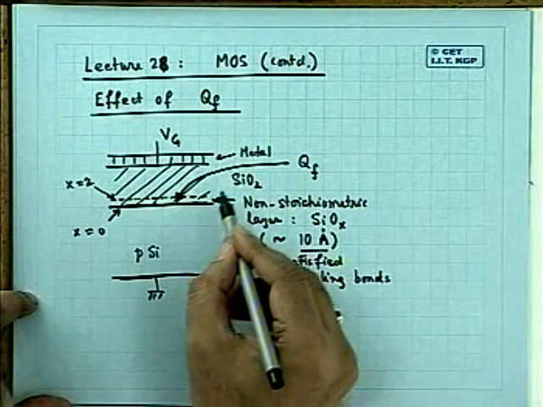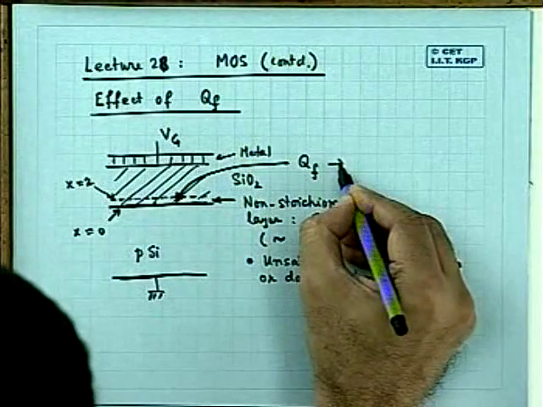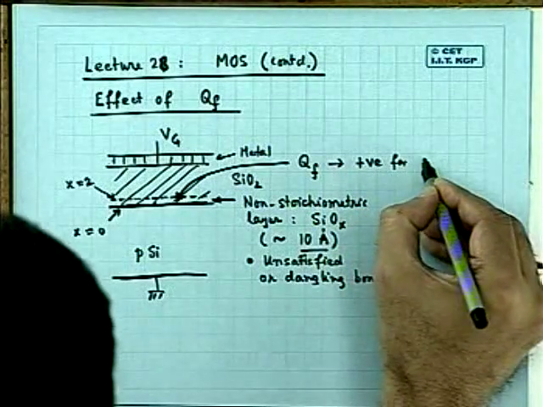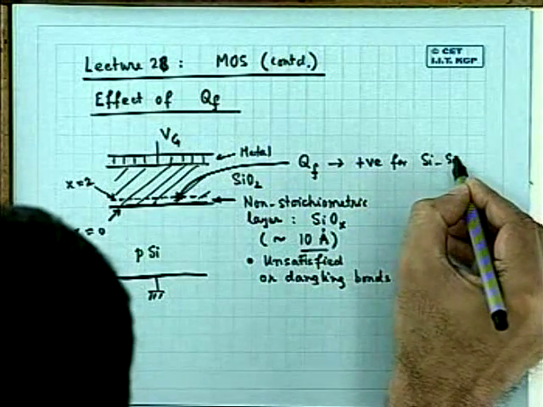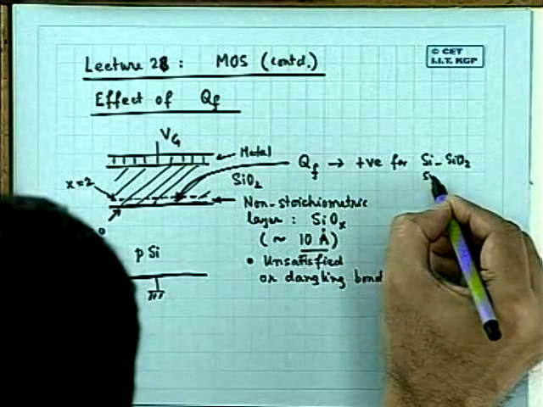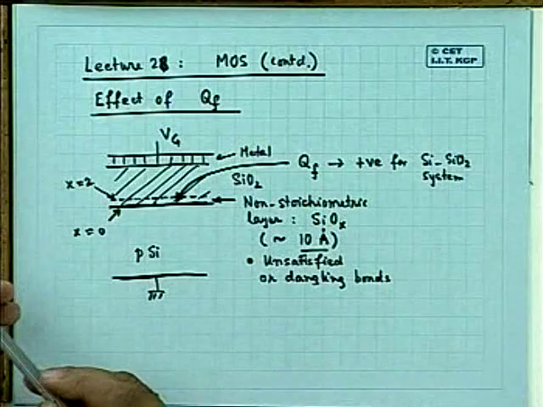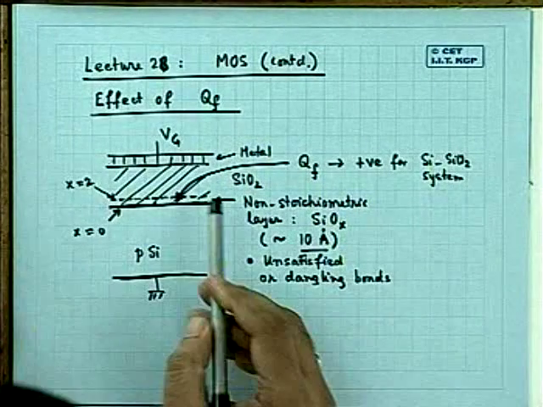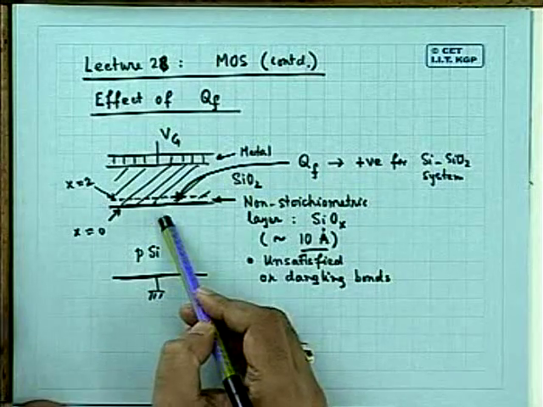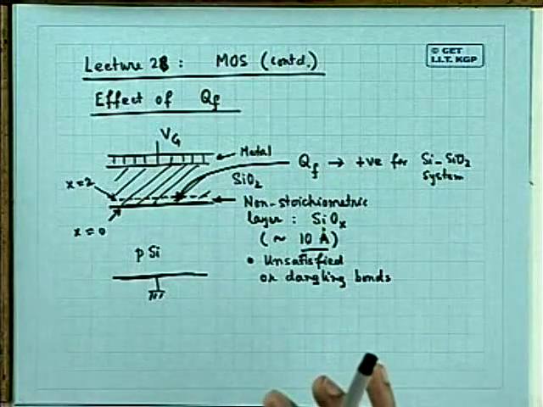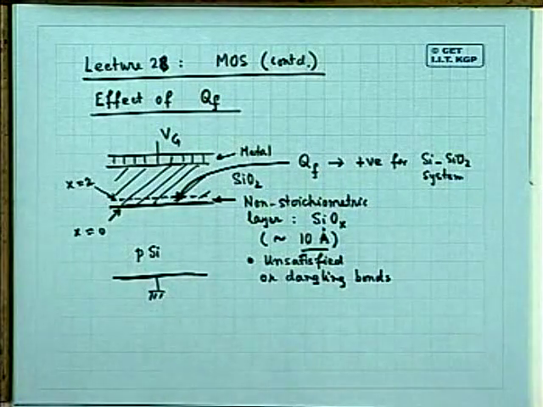And for silicon dioxide system, this is always positive. Whether the silicon is p-type or n-type does not matter. As soon as you grow this oxide on silicon, at the interface, on the oxide side, a fixed positive charge is somehow induced or created.